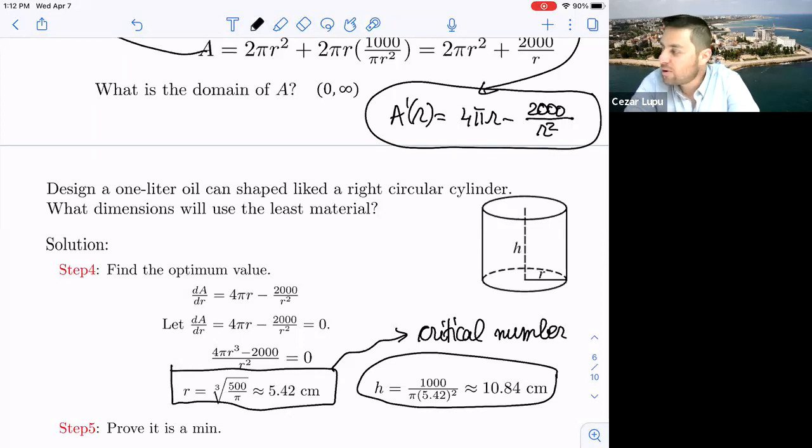So let's see, how are we going to decide if it's a min or a max? Tell me, we've done this. So imagine intuitively the graph of a function.